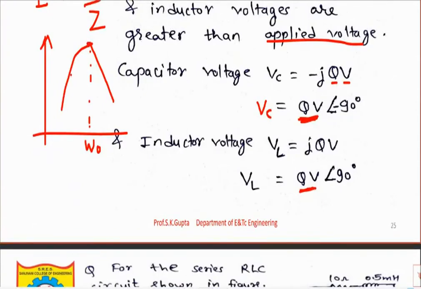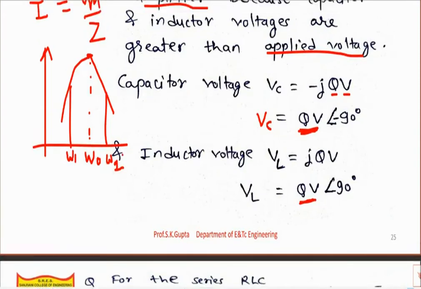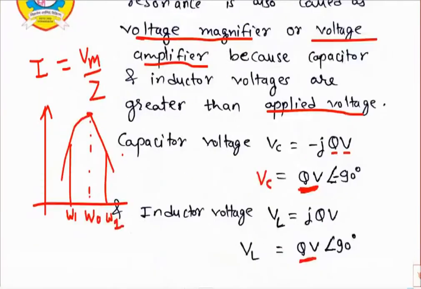Then we have two more frequencies, omega 1 and omega 2. At omega 1 and omega 2, the power dissipated is half of its maximum value. That's why these are called half power frequencies. So if all these formulas are clear, then we can go for the numericals.